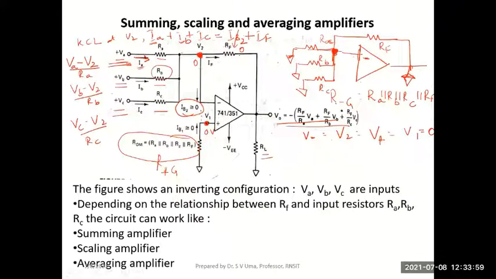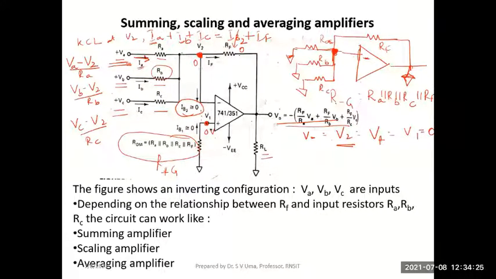And what is the value of V2? We have already told that by using the concept of virtual short, V2 and V1 will both be 0. V1 is already connected to ground, so it is 0. Even if it is connected to ground through a resistance, it won't matter. That resistance is only to nullify error.